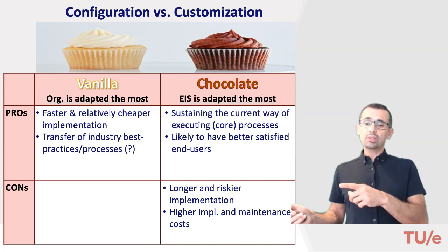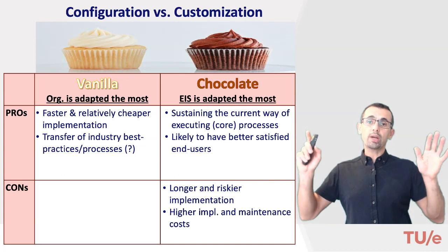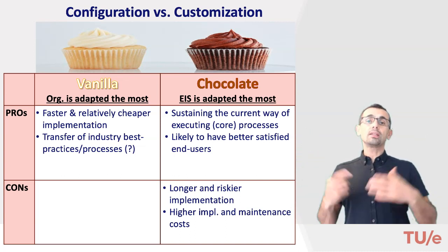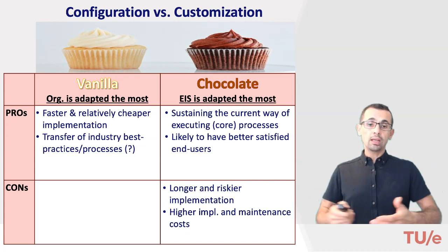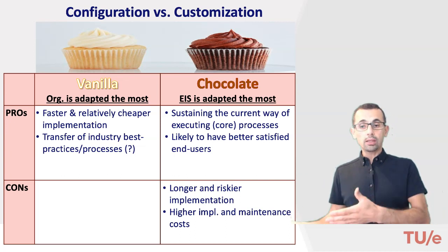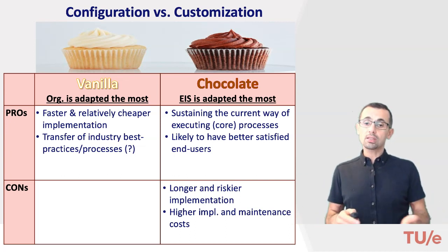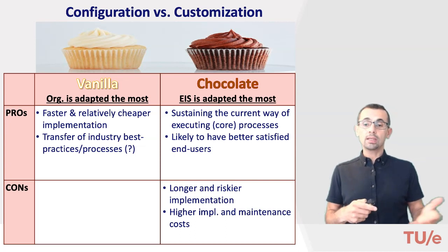Although it can be argued that with the vanilla, you have a chance to get best of breed practices, as we call them, meaning the standard processes that the industry is currently practicing or performing. This can be a good idea, for instance, for your support processes, but might not be a good approach for your core processes.